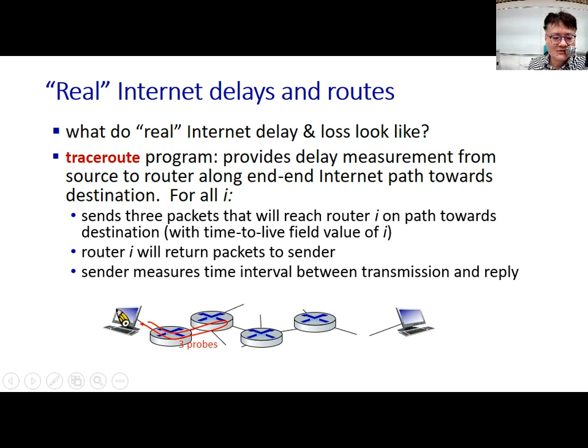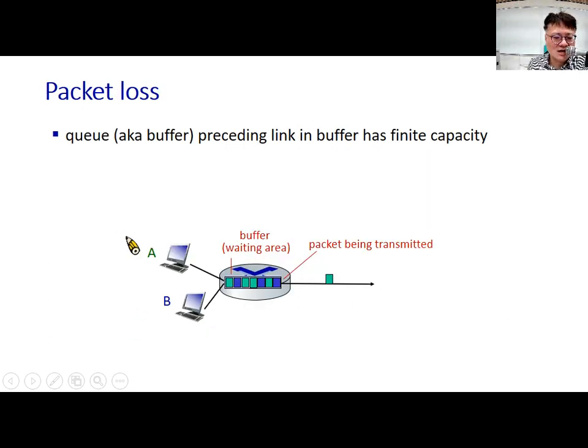So we send to each router with the time-to-live field of i, and the packet returns to the sender, which means a round trip. We send these 3 packets and they return, and we do the same for the next router.